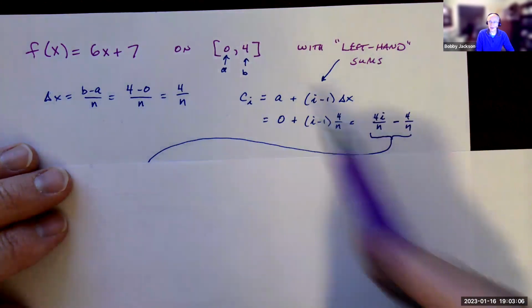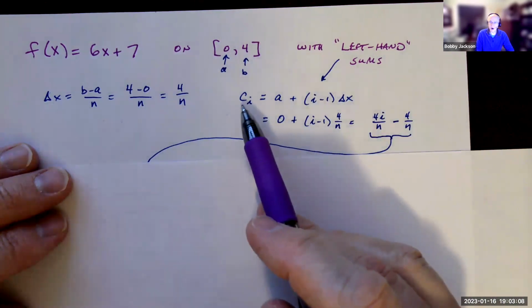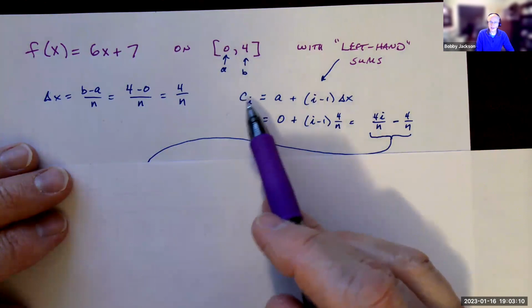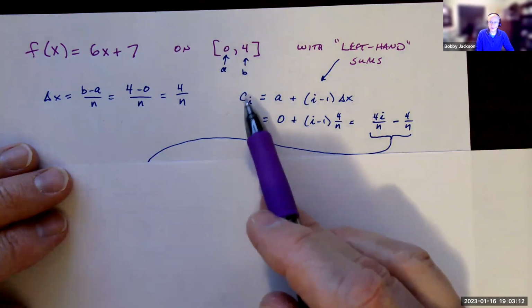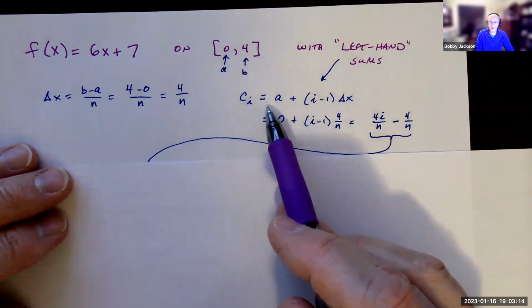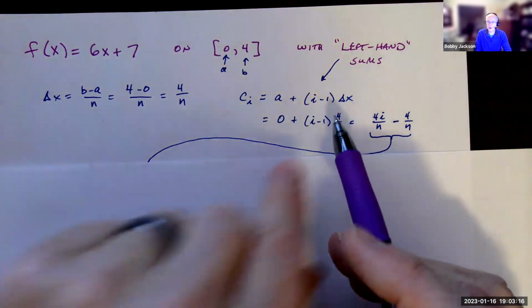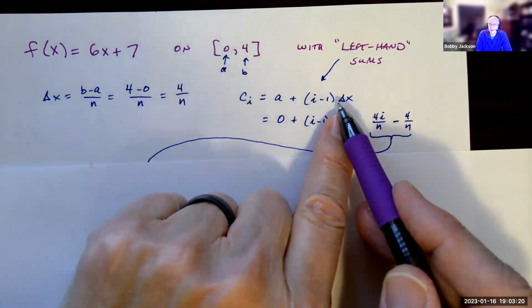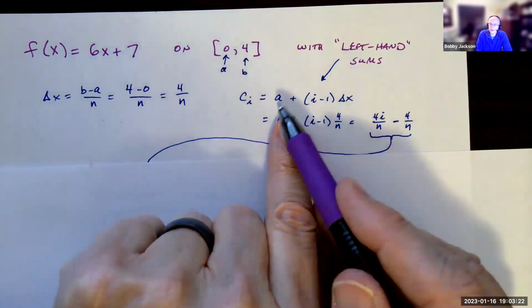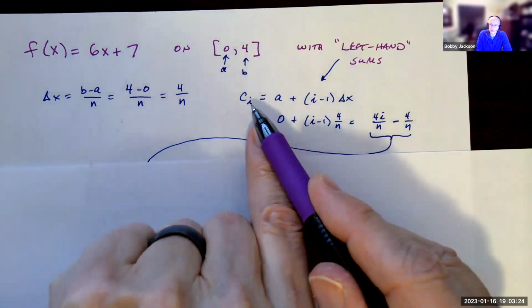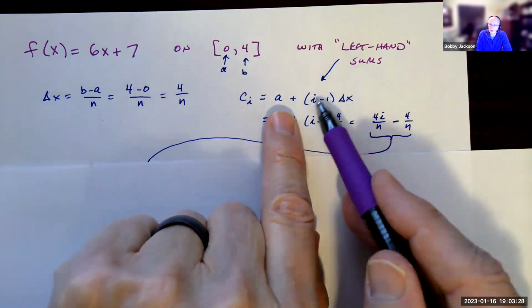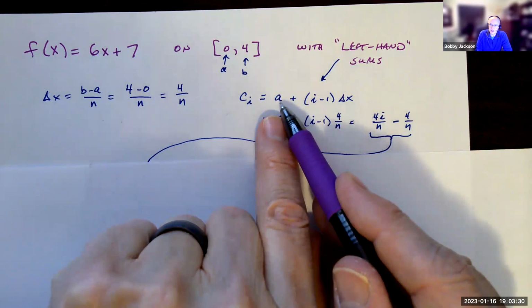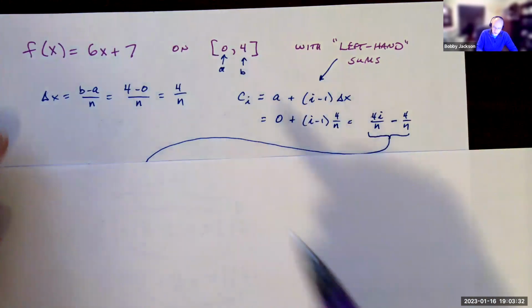Now with left-hand sums, the value we're going to take the function at on each subinterval, which we sometimes call c sub i, is given by this expression. Notice the difference with right-hand sums, where it was a plus i times delta x. Notice this will give us the left-hand sums. When i is equal to 1, what happens? 1 minus 1 is 0, this whole thing is 0, and I just get a. A is my first left-hand endpoint.